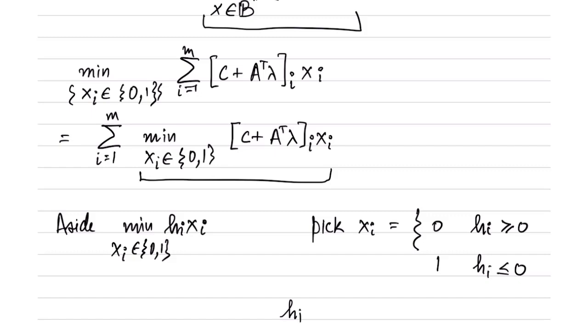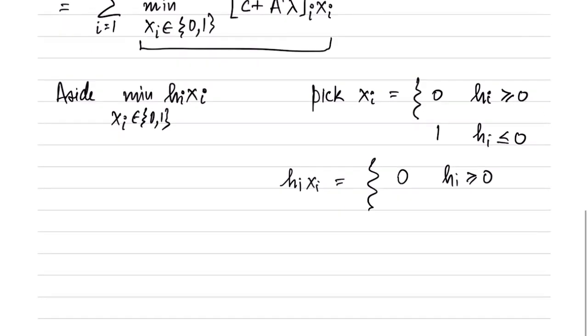In fact, hi times xi will become 0 whenever hi is greater than or equal to 0, and it will become hi whenever hi is less than or equal to 0. So this can be written as the minimum of hi comma 0.